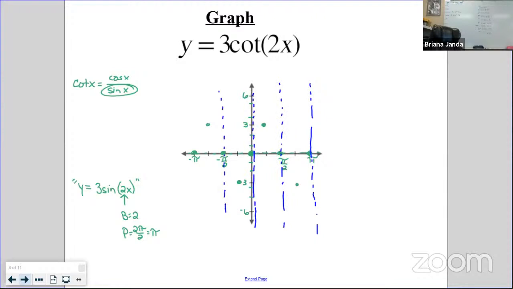Okay, this is a normal cotangent graph. Normal cotangent graphs decrease. So now I find exactly halfway between my asymptotes on the midline and make it decrease. So I go left halfway up the amplitude of 3, right halfway down the amplitude of 3, and fill in that same pattern all the way across.